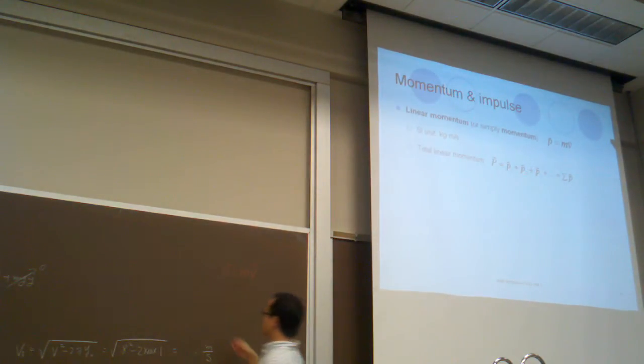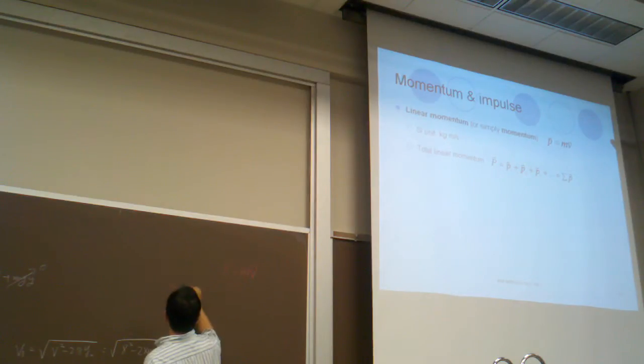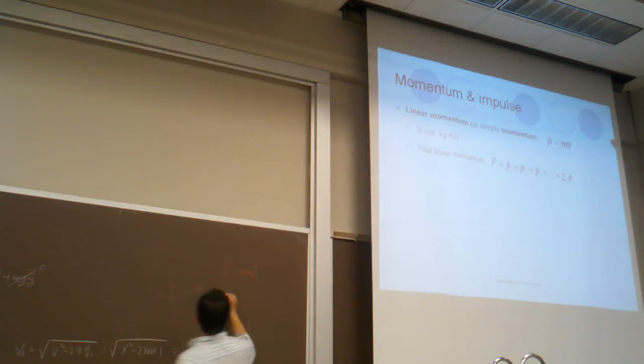So if you have, let's say, two particles, m1, m2, the velocity is v1, this is v2, and then the total momentum should be p1 plus p2, equal to m1 v1 plus m2 v2.